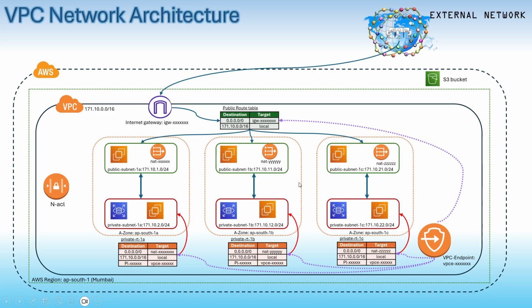Suppose you have a scenario where you want to send data from a machine to an S3 bucket. There are two ways. The first, simple one: from the EC2 machine you ask the internet gateway to check that S3 bucket.